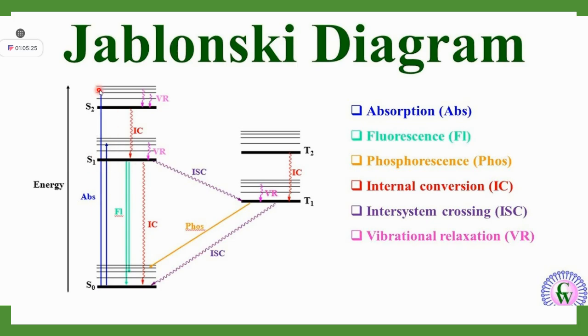Now, if after going to S2, it is coming back to S1, this is a singlet state, this is a singlet state, same multiplicity. If your molecule is coming down from an excited state without changing its multiplicity, that is known as your internal conversion.